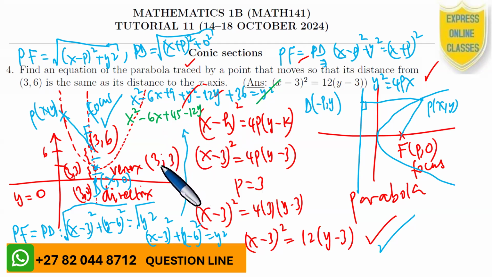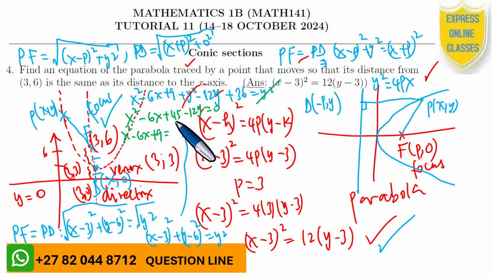So you can do it like that. You can say the distance to the point is the same distance to the x-axis, yeah? I know it's congested here, but I'm trying to make sure that you can see everything we played with to get the answer. So which means that you're going to have x squared minus 6x, and then we add a 9.